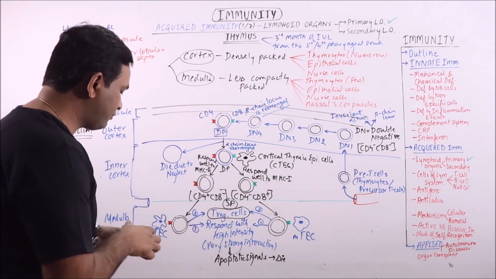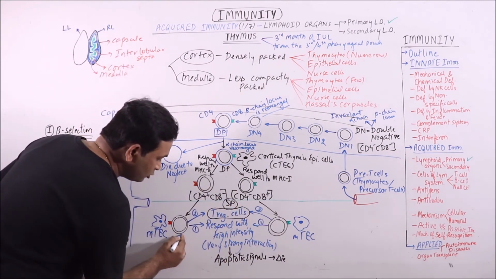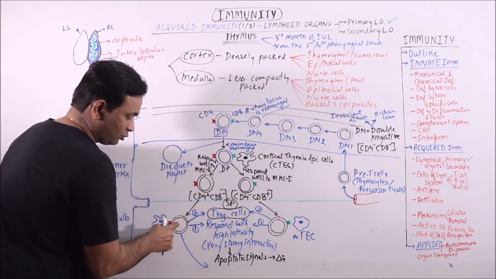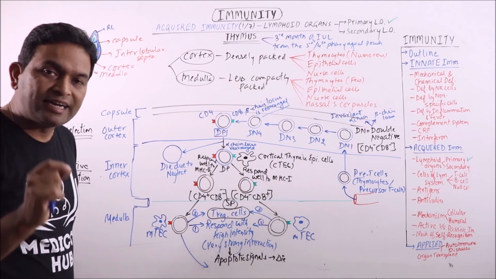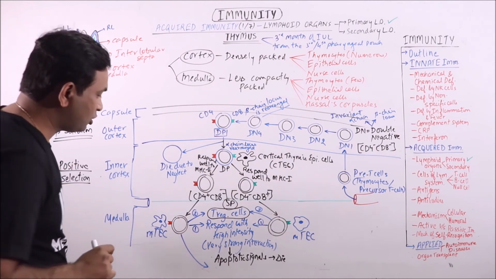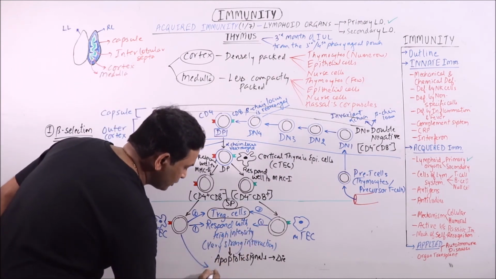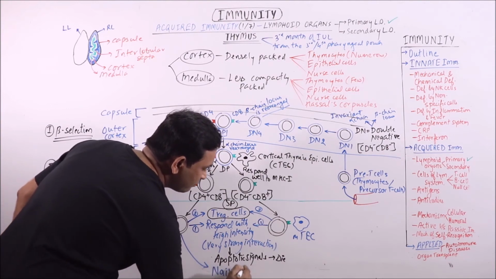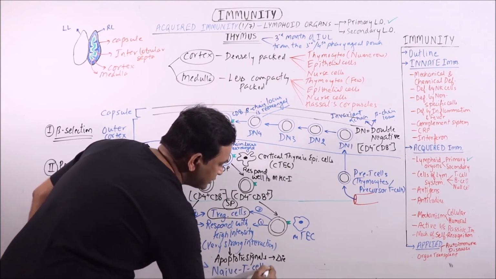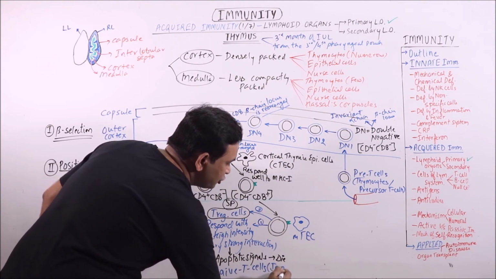And the third fate is that those single positive cells which have given a mild to moderate response or interaction are termed naive T cells. These are immature T cells.